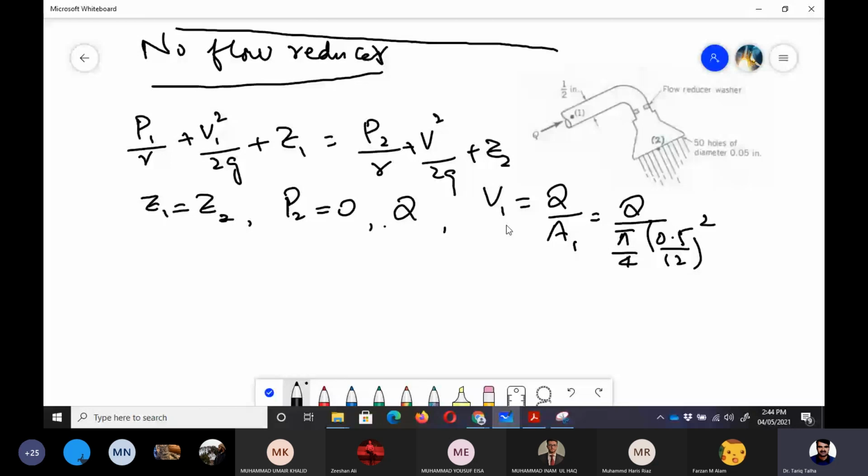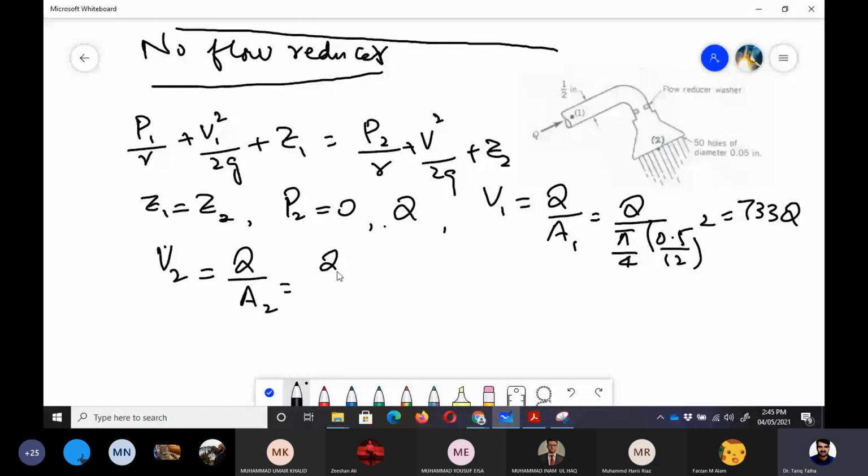What is the value of V2? If we calculate V1, that comes out to be 733 Q. Now the V2 value would be Q upon A2. For A2, we know that we have got 50 holes of 0.05 inches.